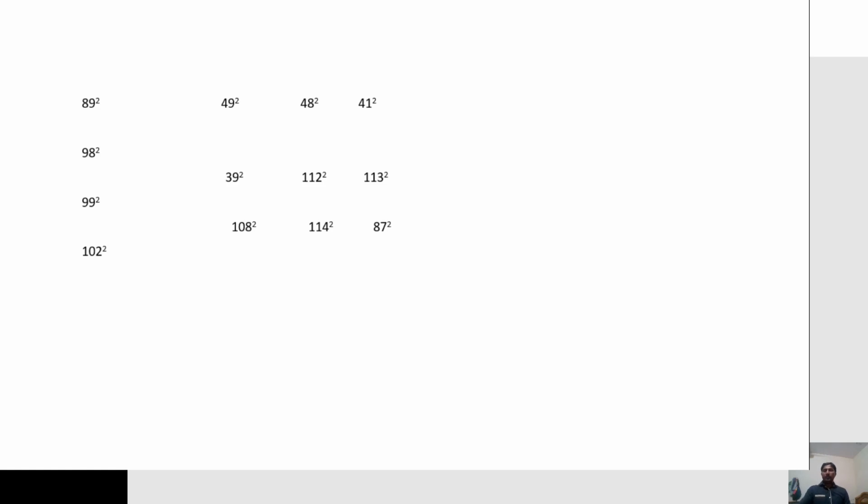Next, 89 square, 49 square, 48 square, 41 square, 98 square, 39 square: we can solve these squares very quickly. First of all, we learn the first rule.